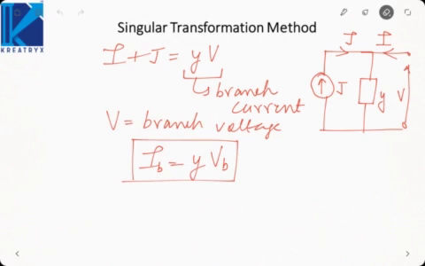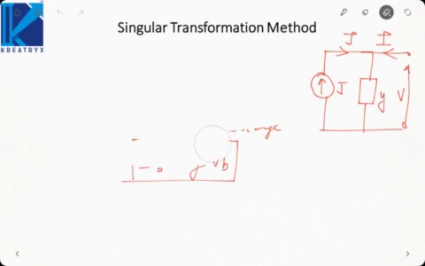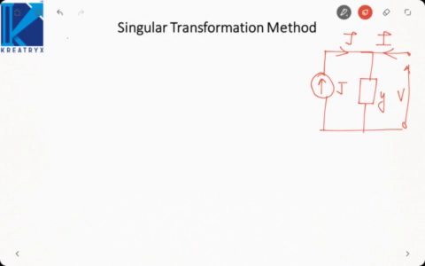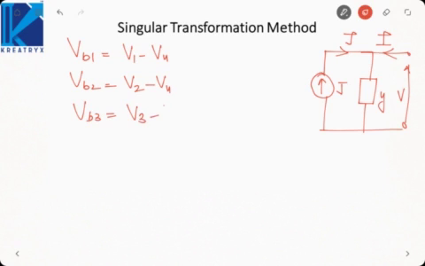So what I can write down is VB1 is V1 minus V4, VB2 is V2 minus V4, VB3 is V3 minus V4. Similarly, branch number 4 was between 1 and 2, so it will be V1 minus V2.